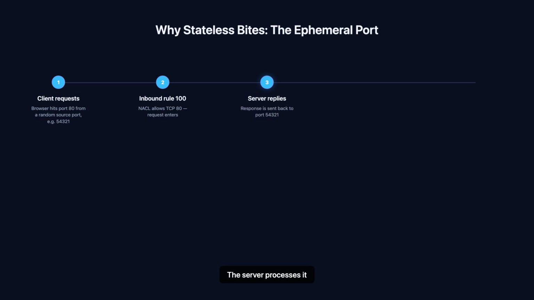The server processes it and sends the response back to that source port, 54,321. Now the NACL checks its outbound rules for traffic headed to that port. And if you never added a rule covering that high range, the implicit deny catches the reply and drops it. The request arrived, the server answered, and the answer died silently at the subnet edge.